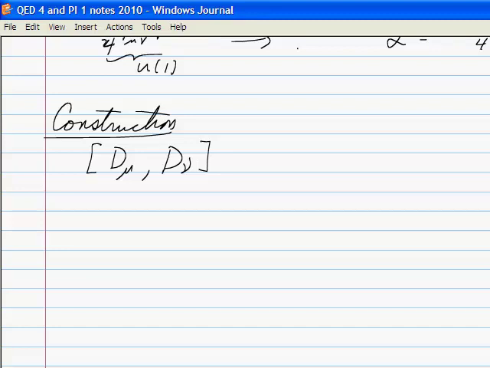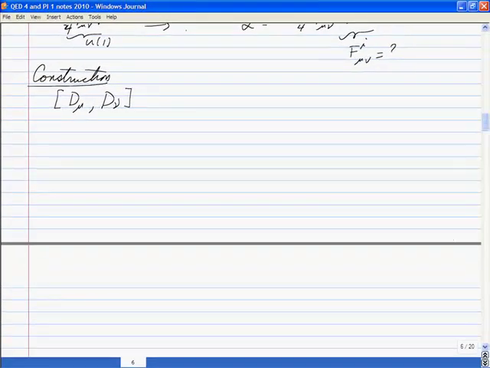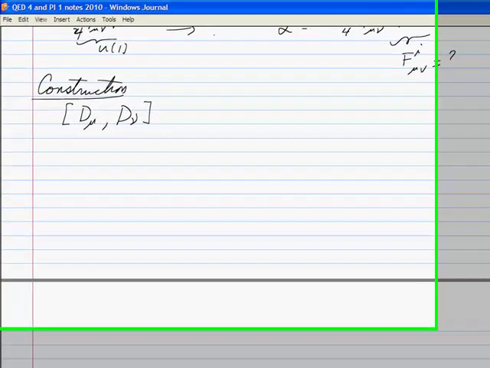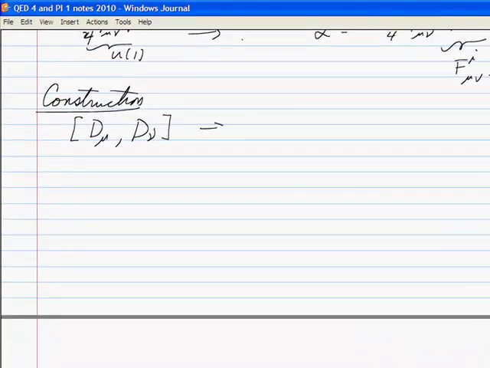At this stage, we don't know what that is, but we know it's an invariant. Actually, it's not an invariant.